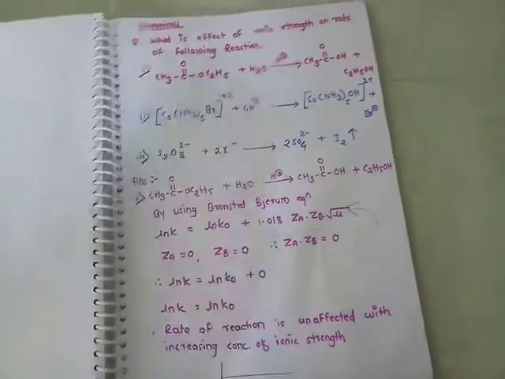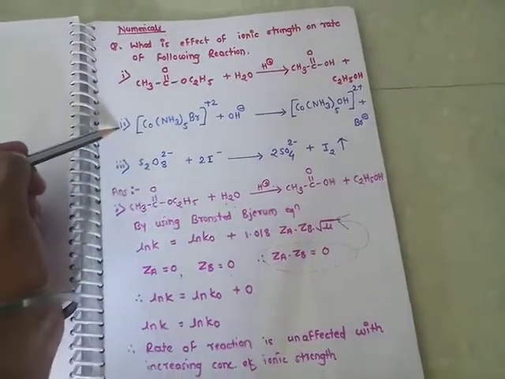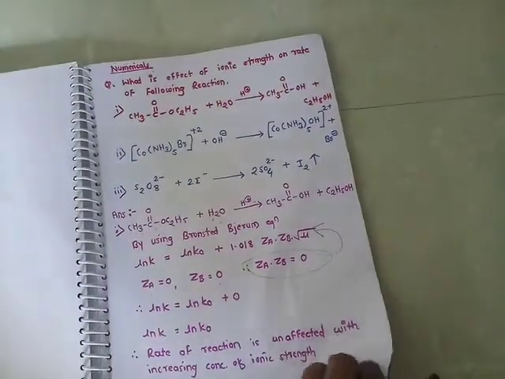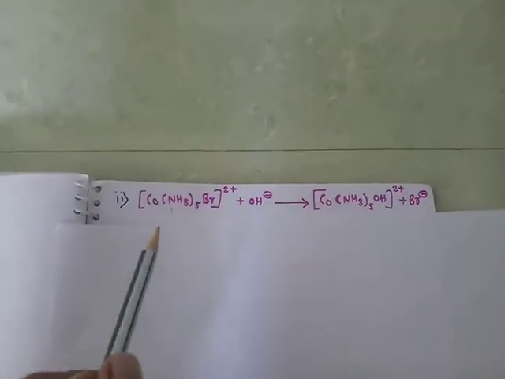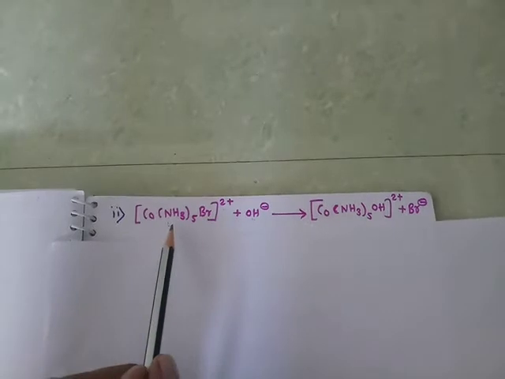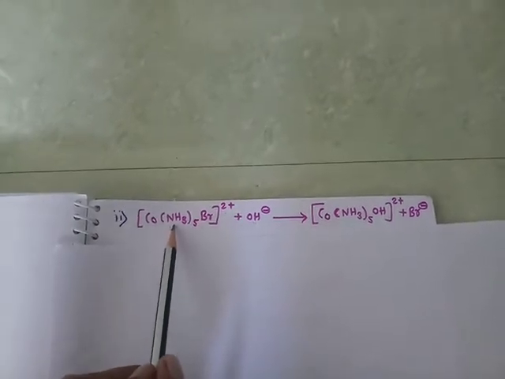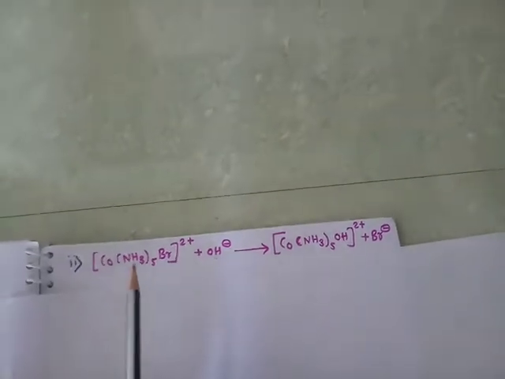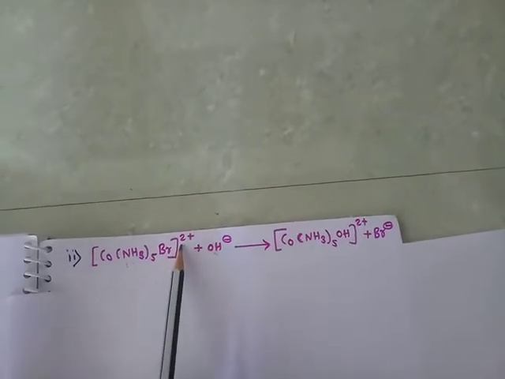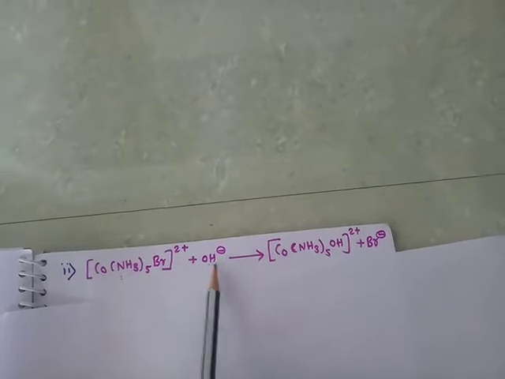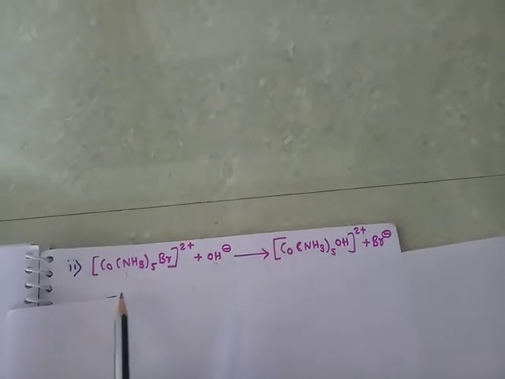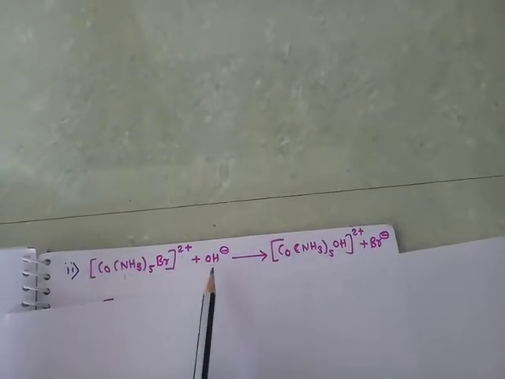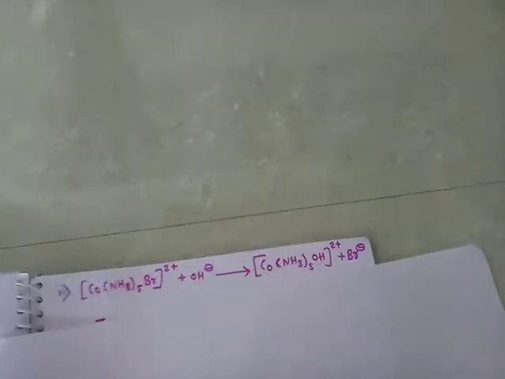Now I am going to the second reaction, that is displacement reaction. Now I am considering complex molecule as A species and OH minus as B species. So charge on this A species is +2 and charge on this B species is -1. So ZA is equal to +2 and ZB is equal to -1.